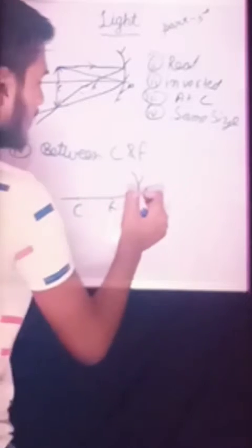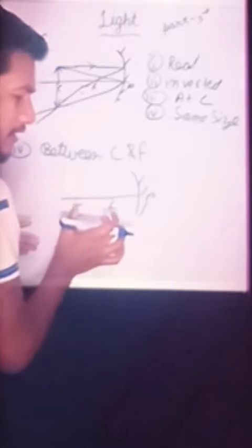This is the focus, this is the focus, this is the center of curvature, and this is the pole of the mirror. We have to keep the object between the center of curvature and focus. We keep it anywhere between them, so draw it like here.